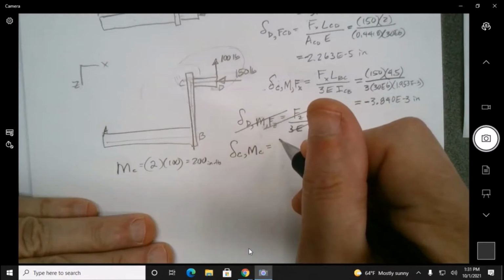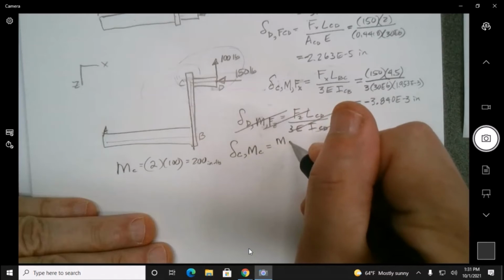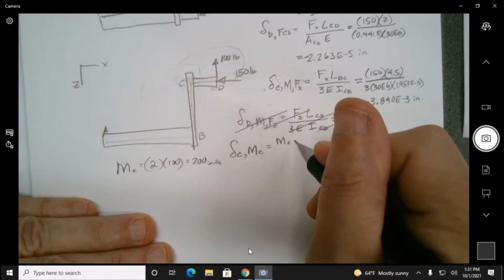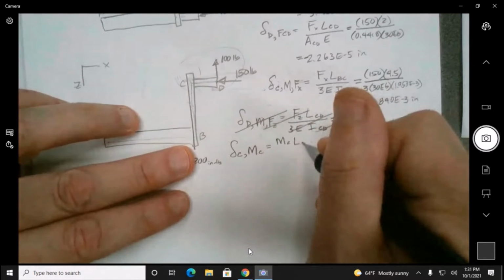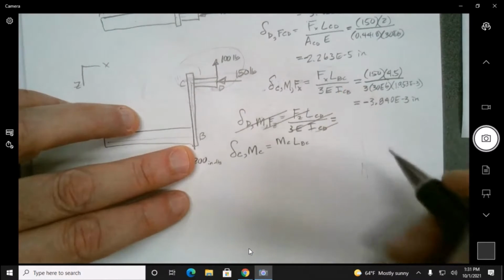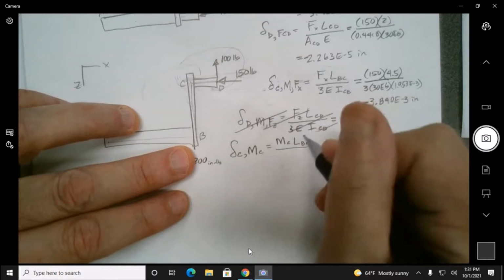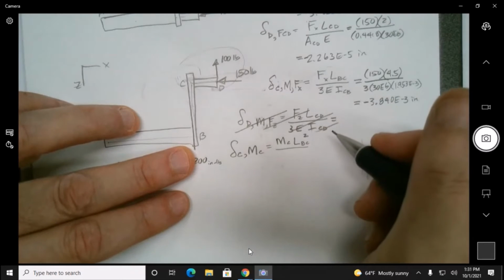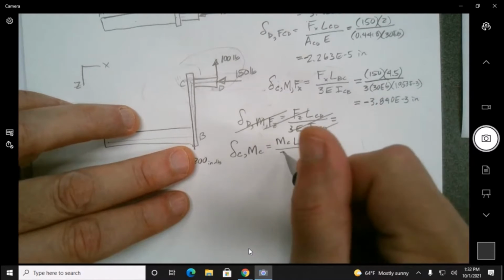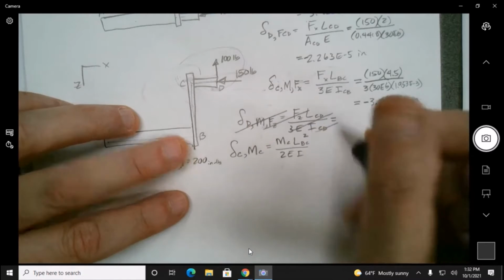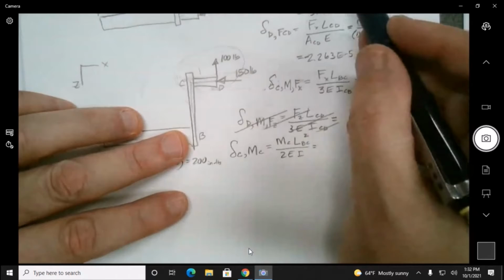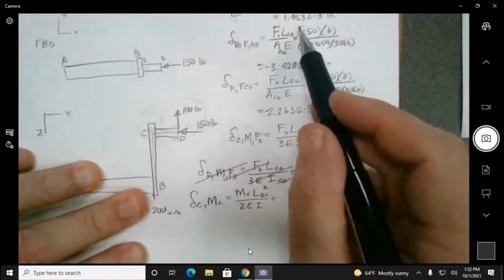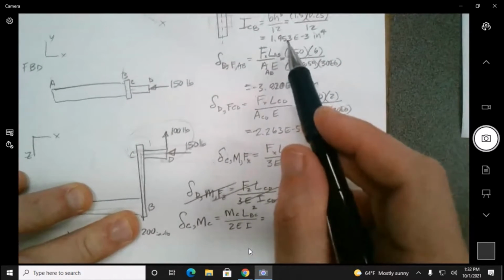And that equation, already forgot it: M about C times L_BC squared divided by 2EI. And that I is going to be the same I as we had up above for the rectangle.